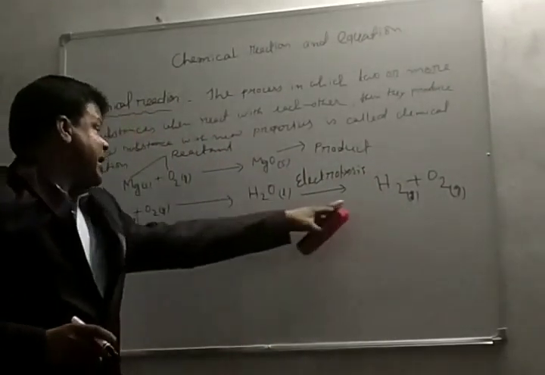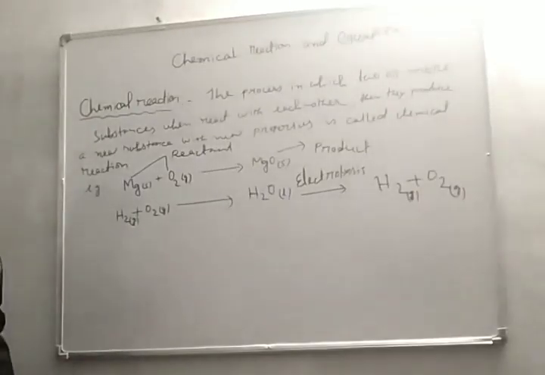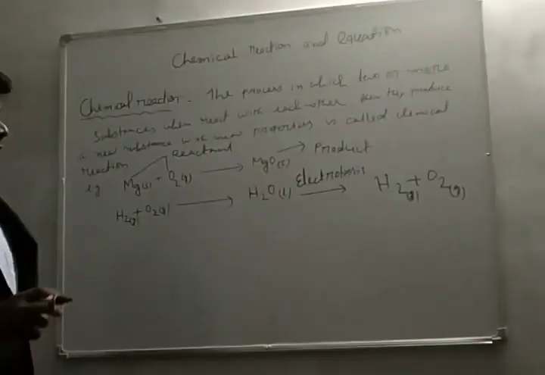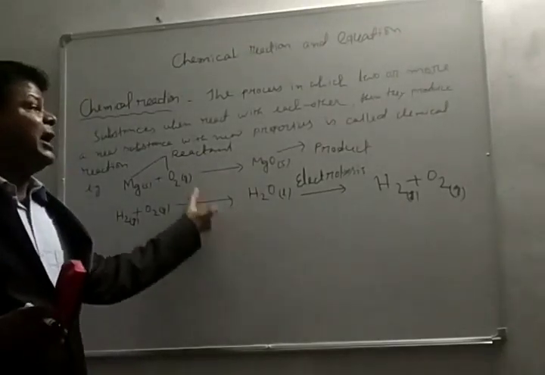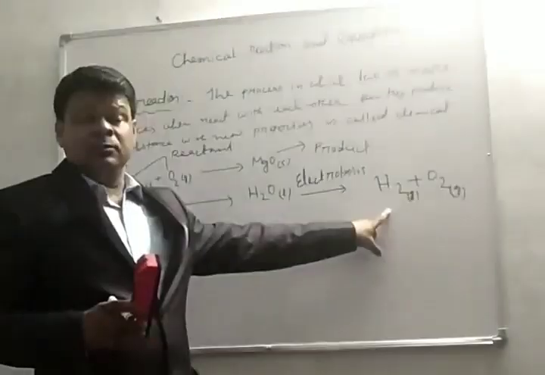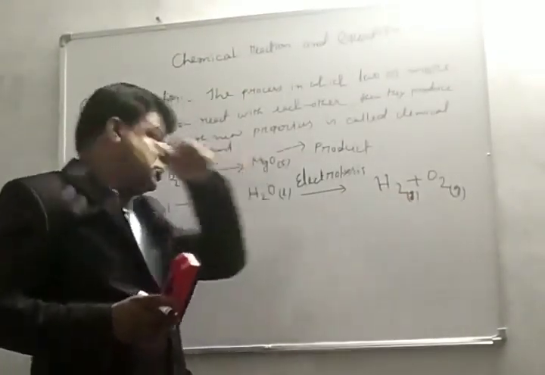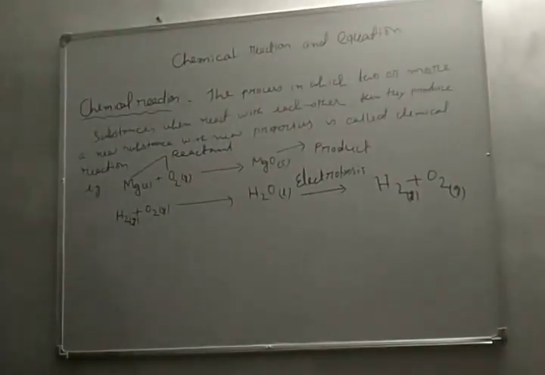So we can bring it back to its original position. Electrolysis is when current is passed through water, then we can break the water molecule again into its original hydrogen and oxygen gas. So it is possible only in some particular cases, but not in all cases.